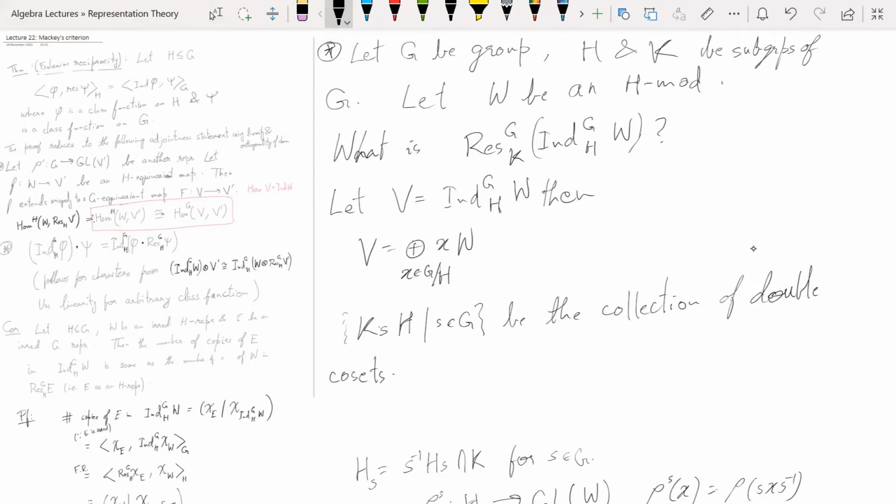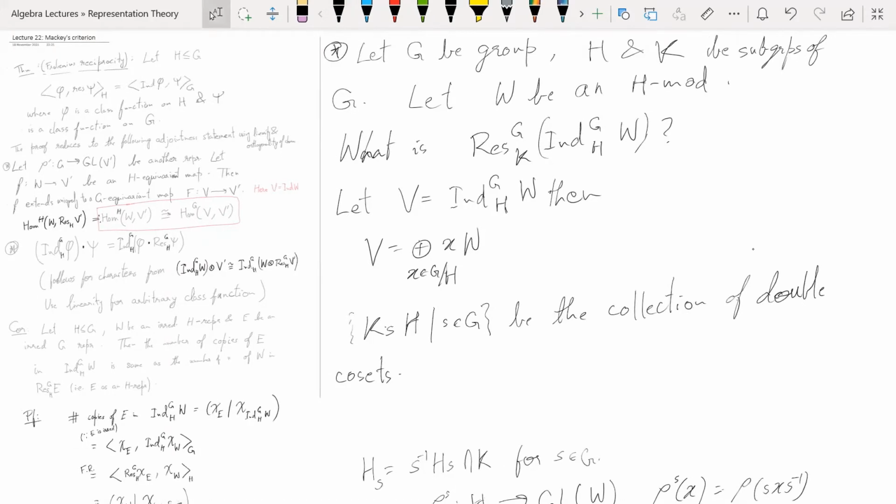Understanding this will help us prove Mackey's criteria, and we'll apply this when K is equal to H: you start with a representation, induce it to G, and restrict it back to H. More generally, K is not necessarily H, and we can still try to understand what this representation is.